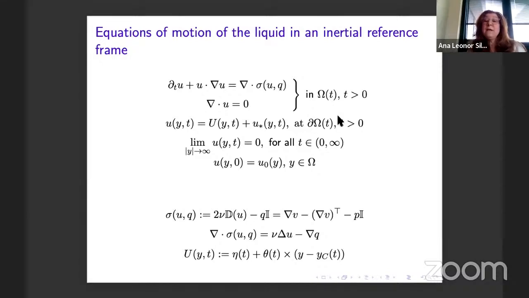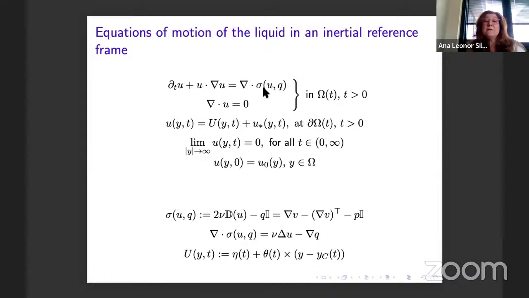So what we have here is, first of all, a fluid domain that is going to be dependent on time, okay? And what we have here is the conservation of linear momentum for the velocity and the pressure, okay?